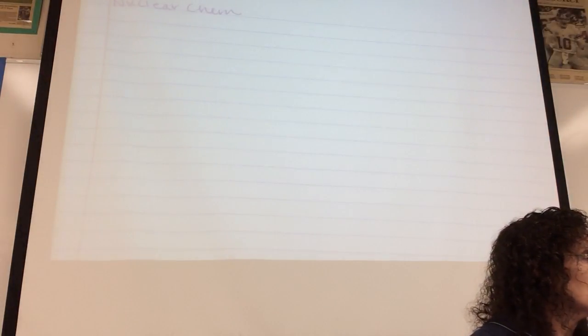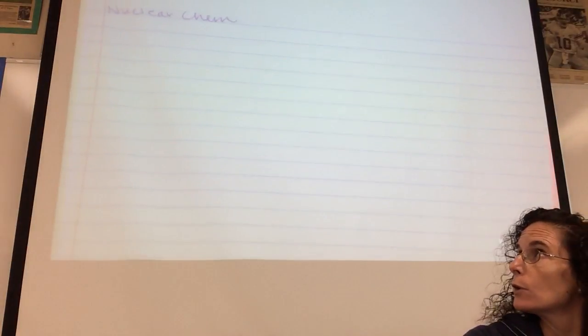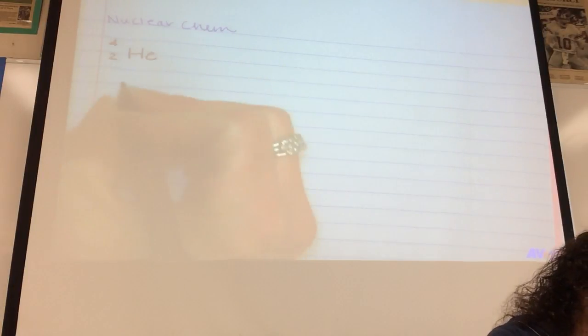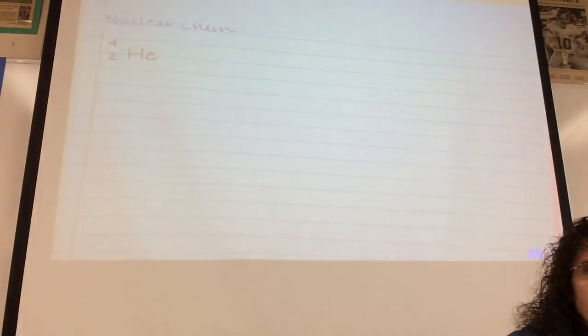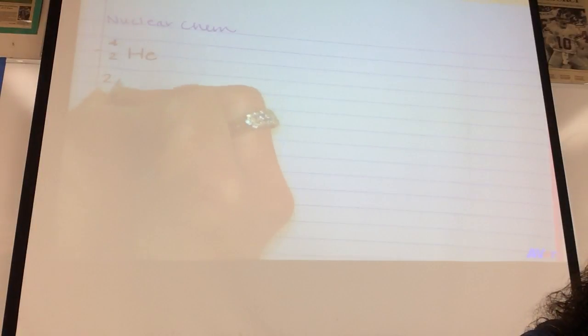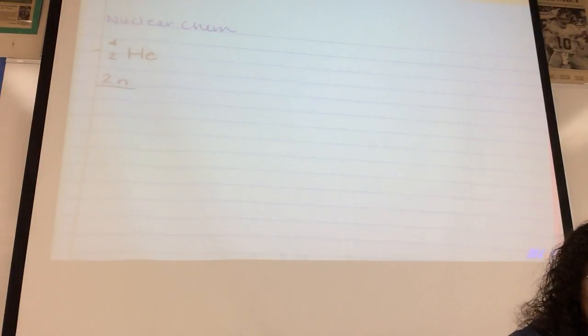If you look at a couple of elements that have atomic numbers less than or equal to 20, for example, helium, I'm not talking about an alpha particle, this is helium. How many neutrons does helium have? 2. 4 minus 2 is 2. 2 neutrons. How many protons? 2.